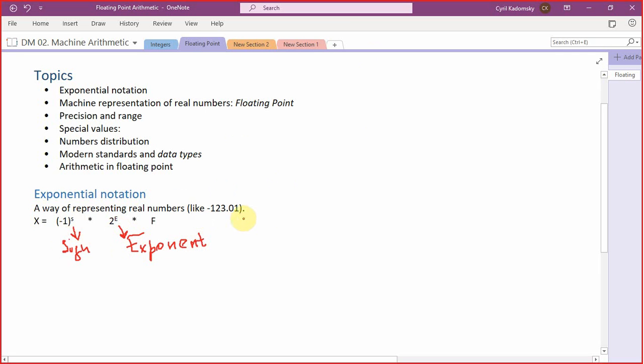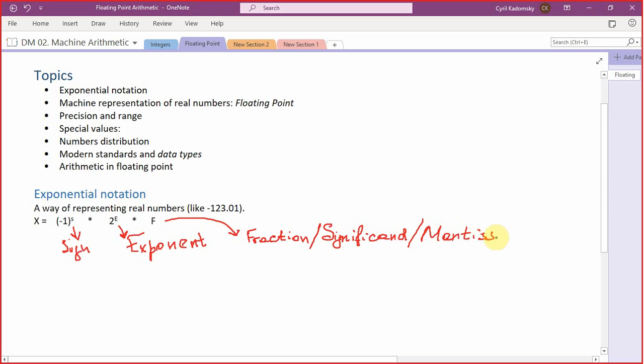And finally, the F number is called the fraction. It also has different names in different sources, in different literature. You can see it called differently. For example, it is often called significant, or the same thing is often called mantissa.